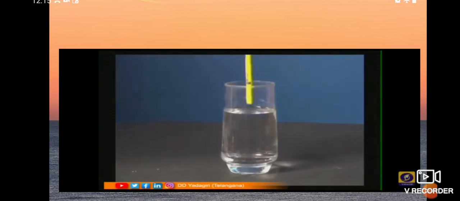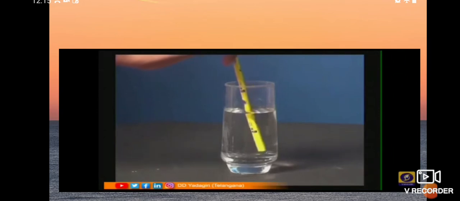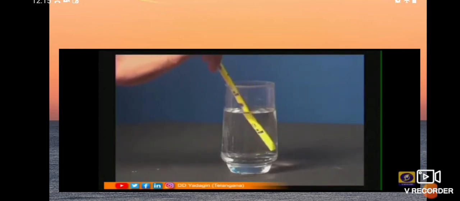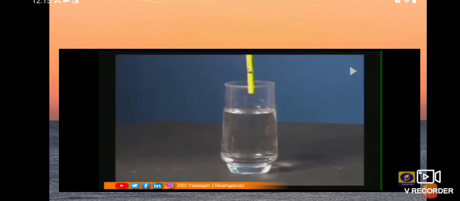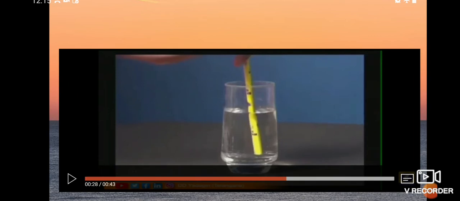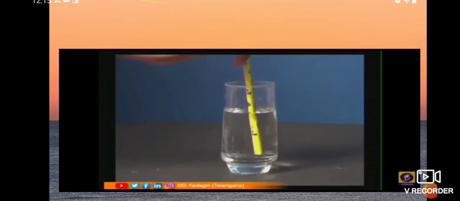Take a transparent glass, fill it with water, and dip some portion of a pencil vertically inside. Observe. Then keep the pencil inclined to the water surface and observe. Now what do you observe? In the first case the pencil is straight.